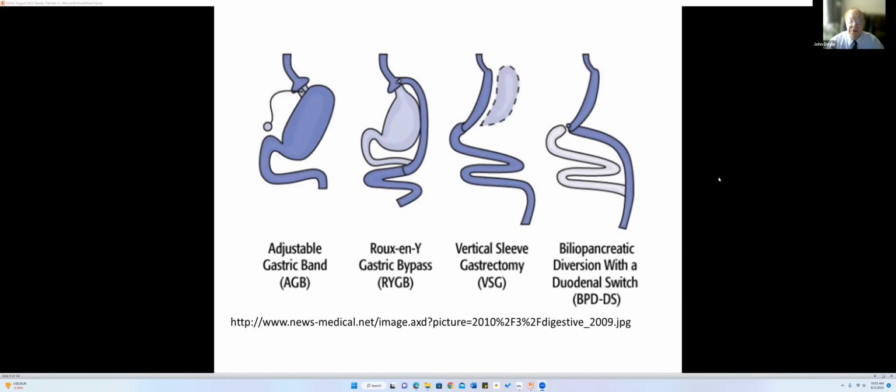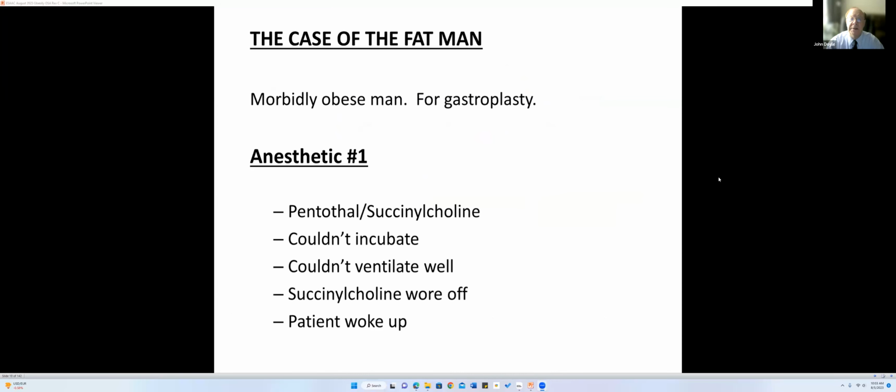A number of these patients undergo bariatric surgical procedures, such as the adjustable gastric band or the vertical sleeve gastrectomy, and less commonly now, the Roux-en-Y gastric bypass and the biliopancreatic diversion with duodenal switch. Most commonly, I think we see the vertical sleeve gastrectomy, but it depends at what center you're practicing at.